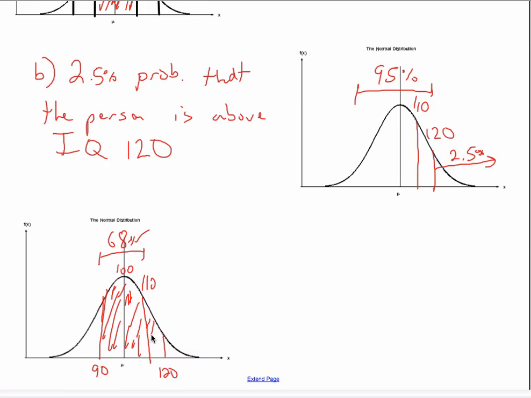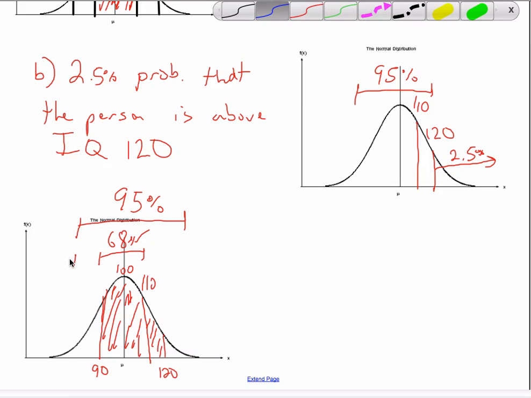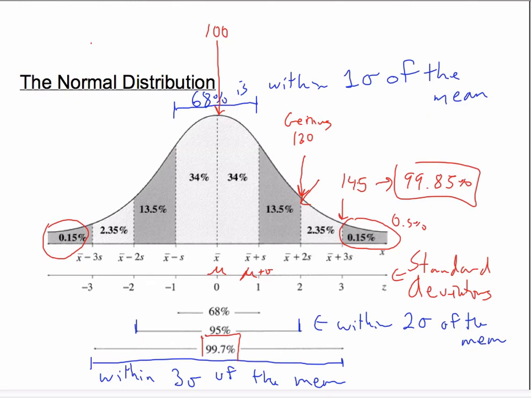Right, so between 90 and 110 is a 68% chance. And then we'll add on this part. We know within two standard deviations is 95%. So let's go back and look at this diagram. This bit here is 13.5%, right?